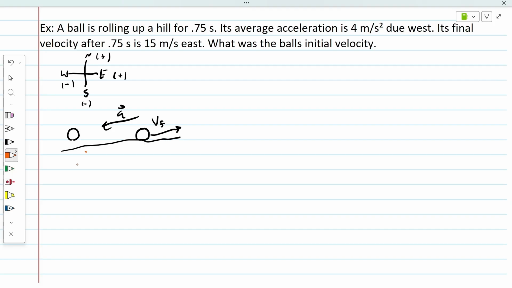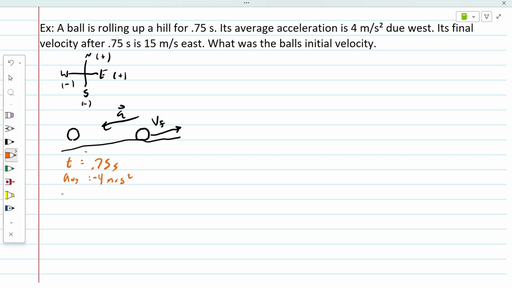We're given the time, so the time that this is going on for is 0.75 seconds. We know the average acceleration is 4 meters per second squared. And this is due west, so we'll give this a negative 4 meters per second squared.